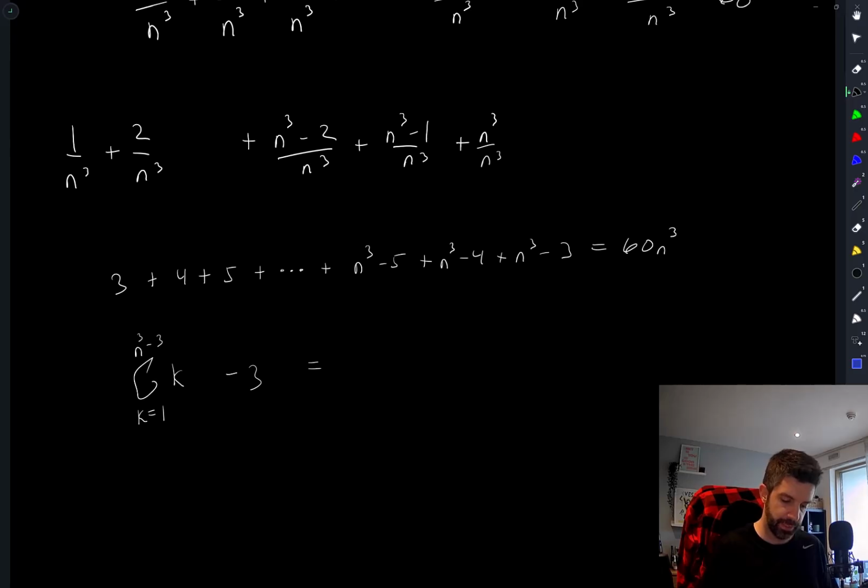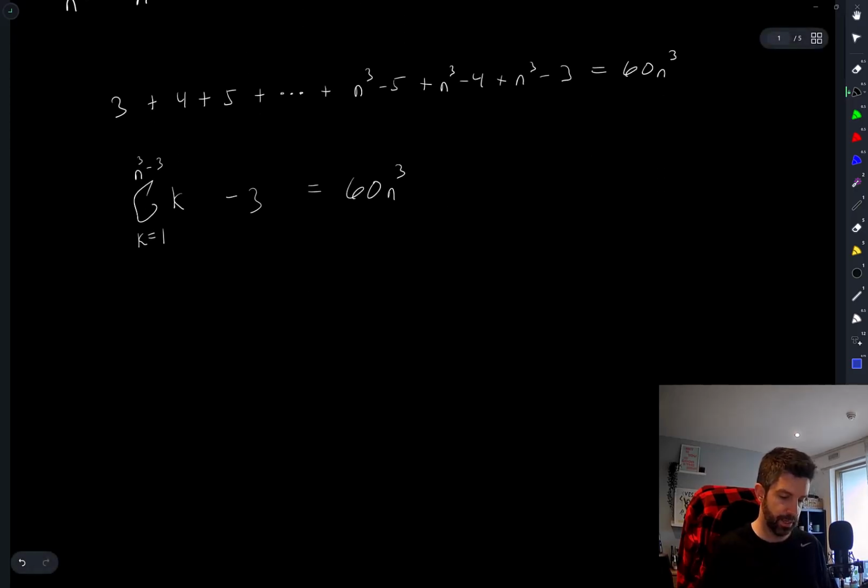I want that to be equal to 60 n cubed. Okay, so this is just an arithmetic series. So I take the sum of the first term and last term, divide by 2, and multiply by the number of terms.